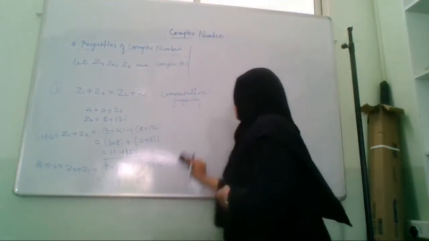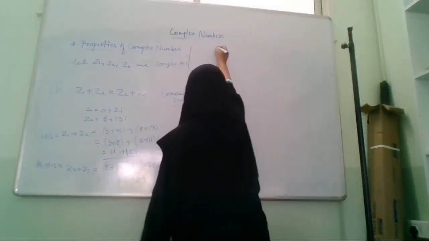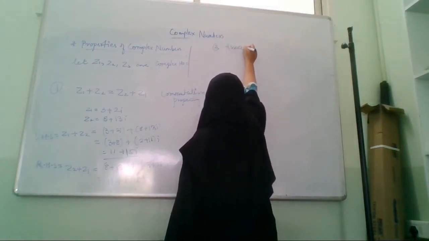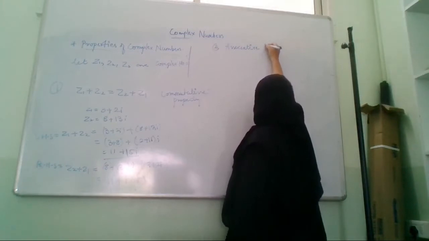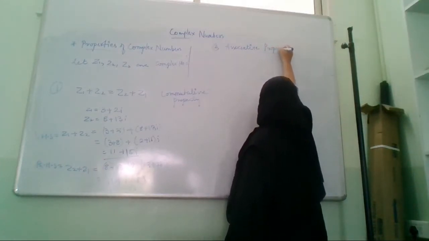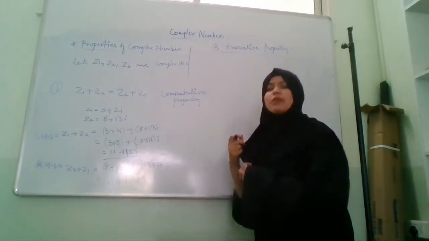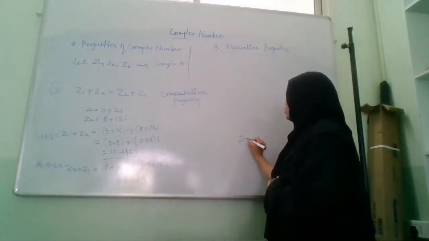Now the second property is the associative property. Associative property means, as you have studied, like this, 2 plus 3.